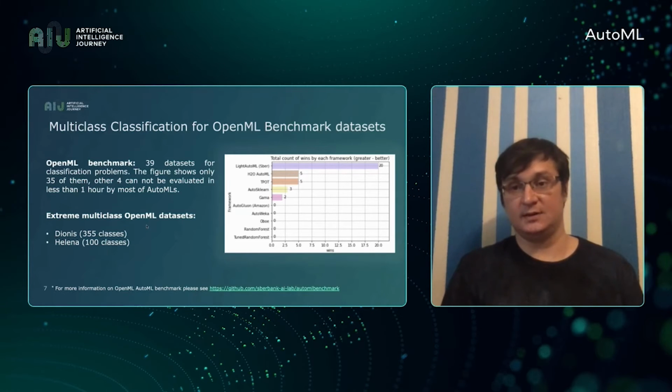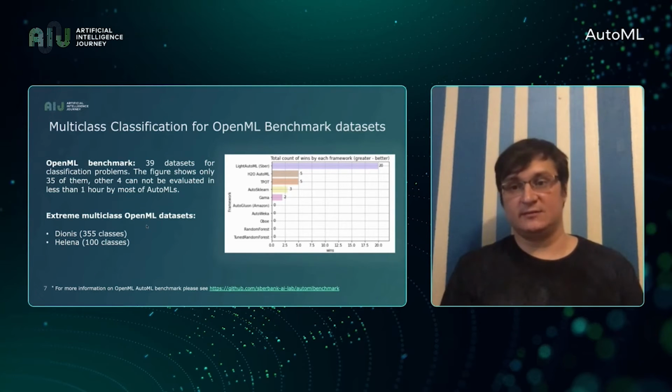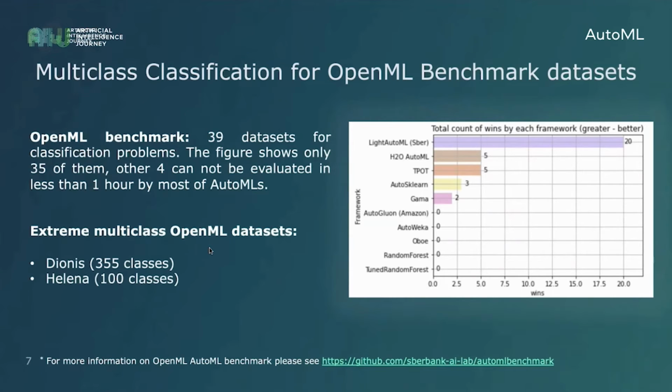Actually, there were also unpleasant things that we noticed. We saw the zones where our AutoML and other AutoMLs performed badly. One of these zones is the task of multi-class classification. For example, there were data sets with 300 classes where practically no one could work well.